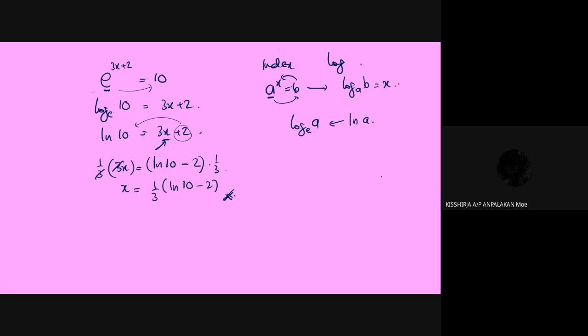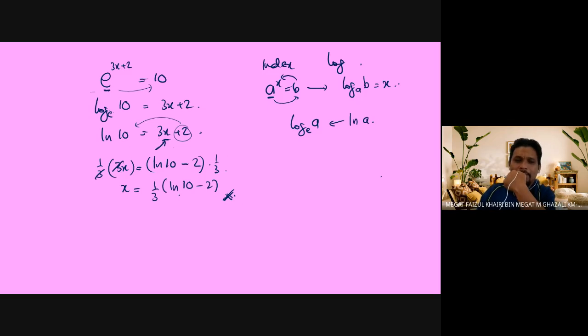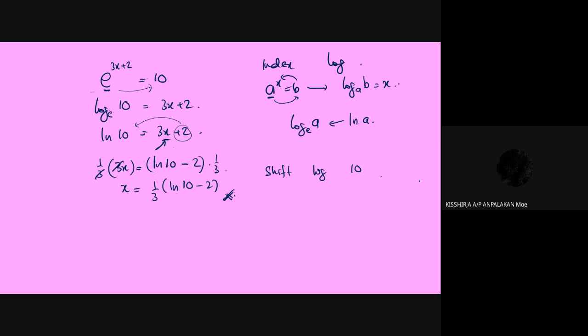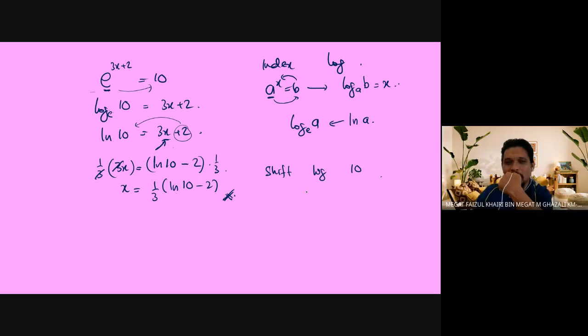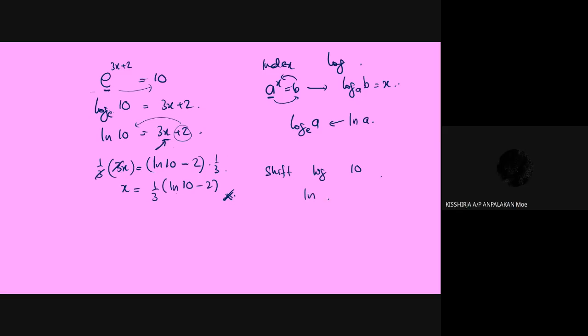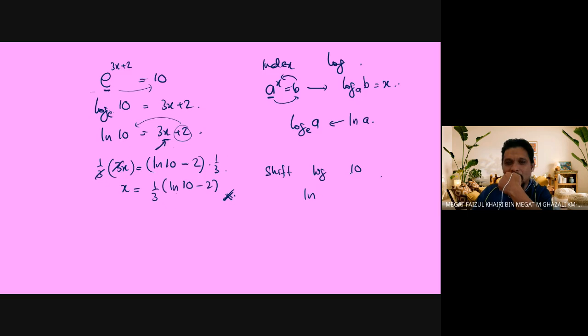Boleh dapat tak? Right. Answer is 0.1008. Okay, you just press the calculator, shift, log, you get ln, and then you press the button of 1 and 0 to get 10.